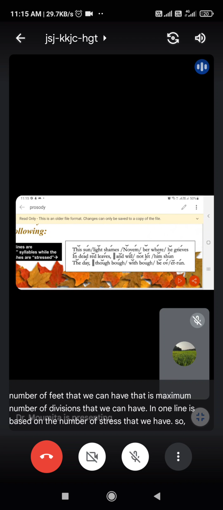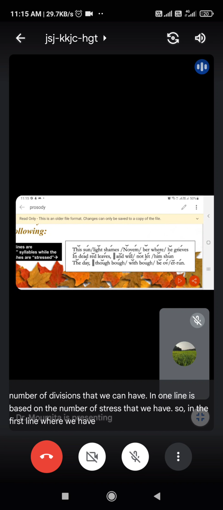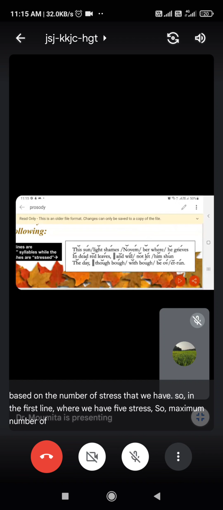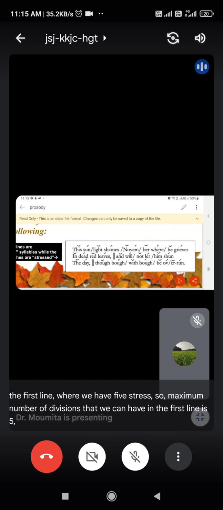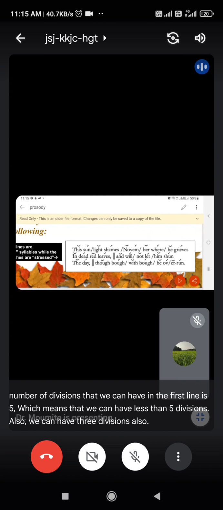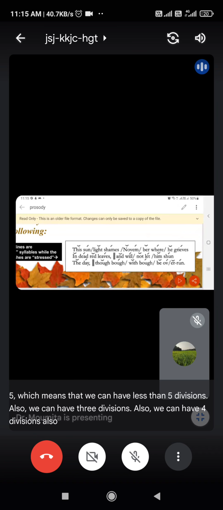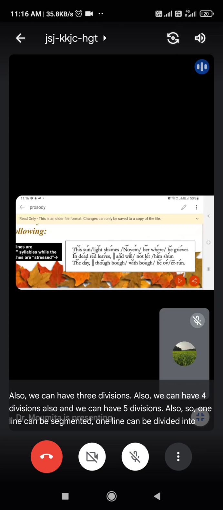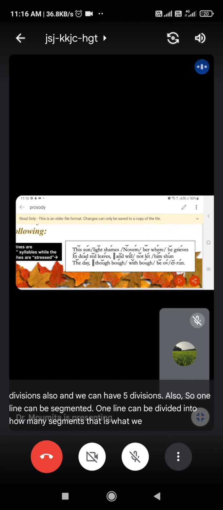So in the first line where we have 5 stresses, the maximum number of divisions is 5, which means that we can have less than 5 divisions also. We can have 3 divisions also, we can have 4 divisions also, and we can have 5 divisions also. So one line can be divided into how many segments, that is what we want to say.